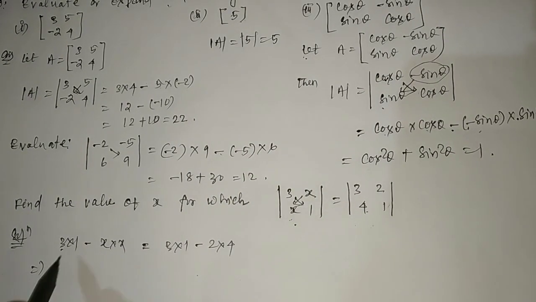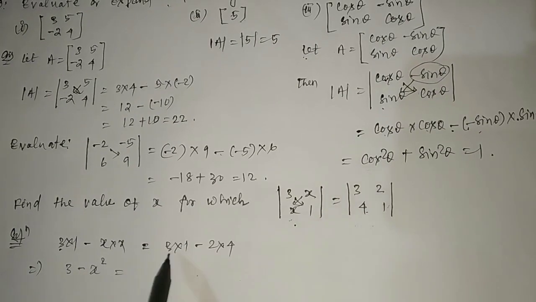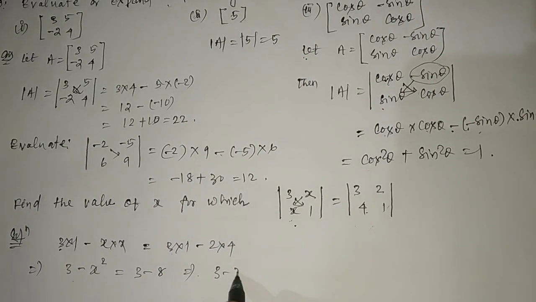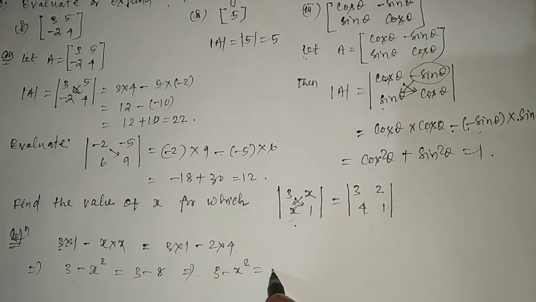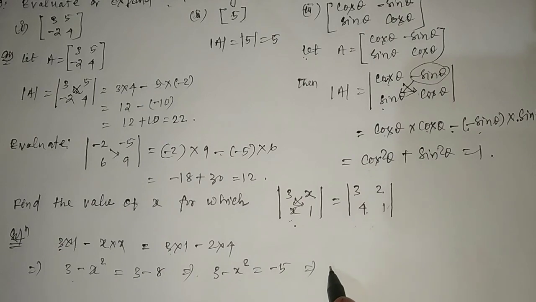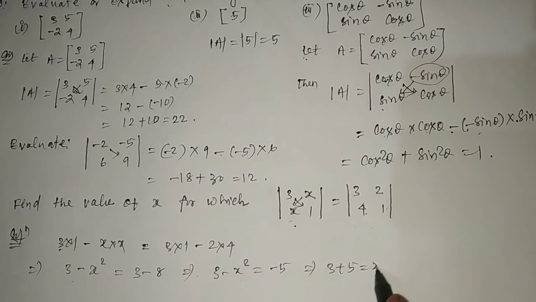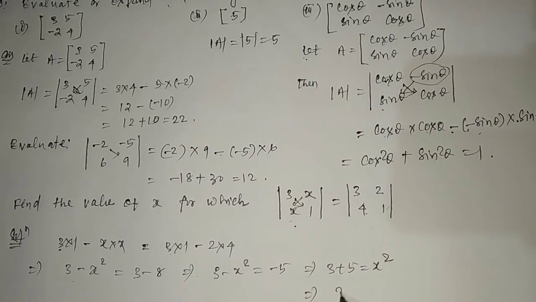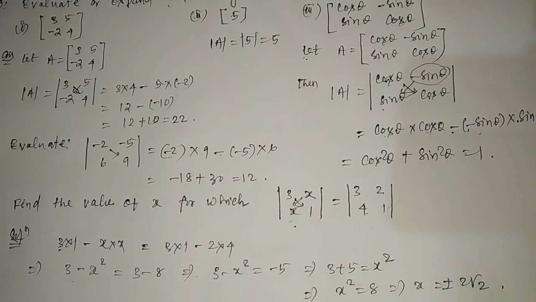That implies 3 ones are 3 minus x into x, x square, is equal to 3 minus 8. That implies we get 3 minus x square is equal to minus 5. That implies 3 plus 5 is equal to x square. That implies x square is equal to 8. That implies x is equal to plus or minus 2 root 2.